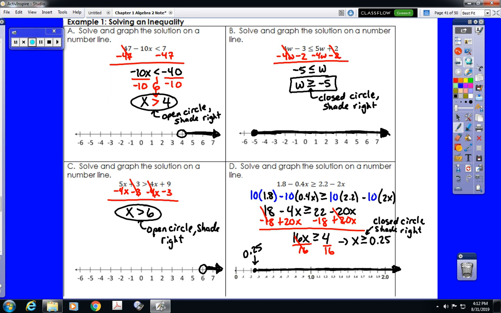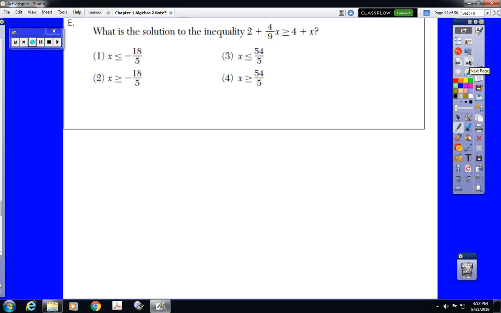One more example. This one doesn't require us to graph it on a number line because it's a standardized test question. It says, what is the solution to the inequality 2 plus 4/9 x is greater than or equal to 4 plus x? Now, we've talked several times about how we would like to clear out that fraction.